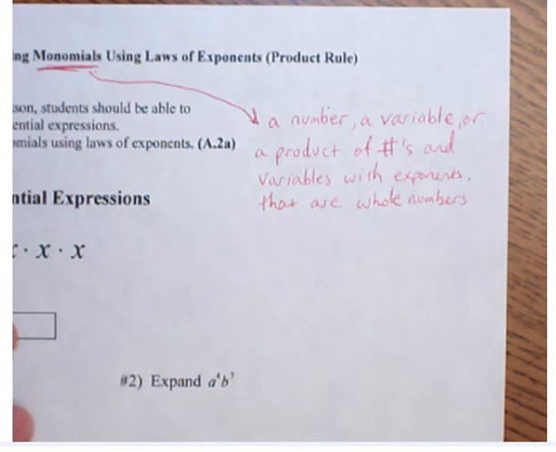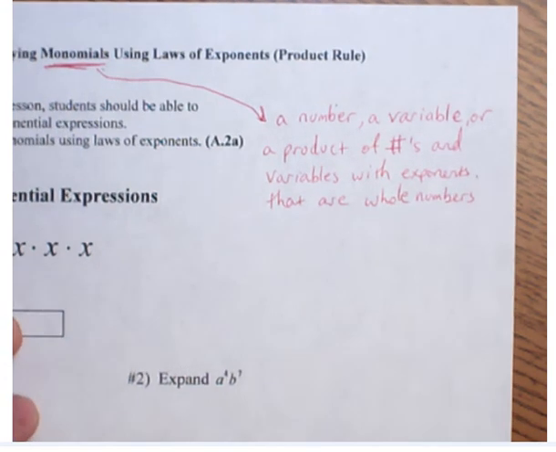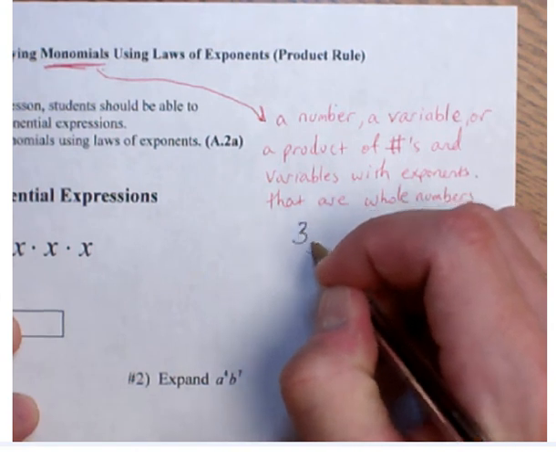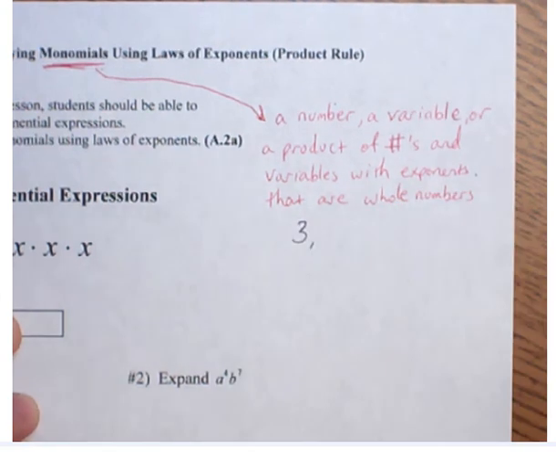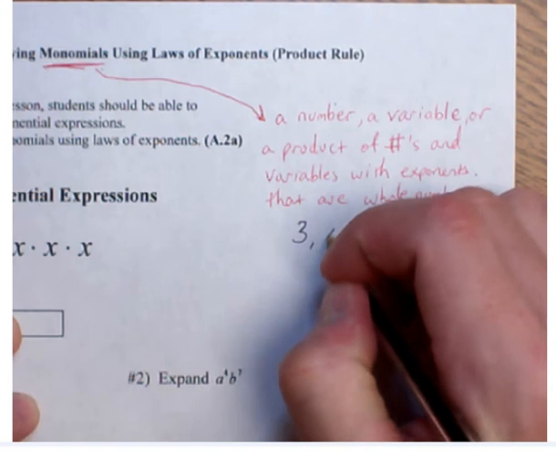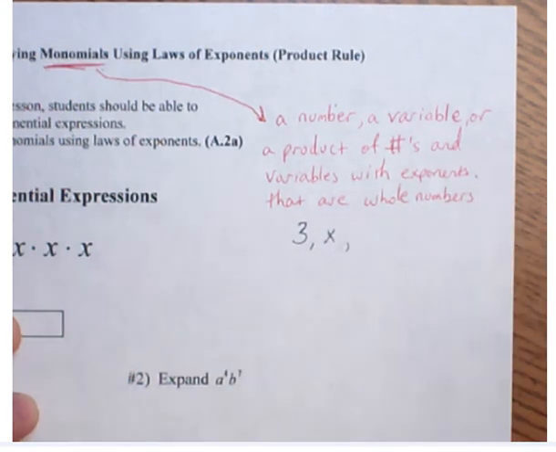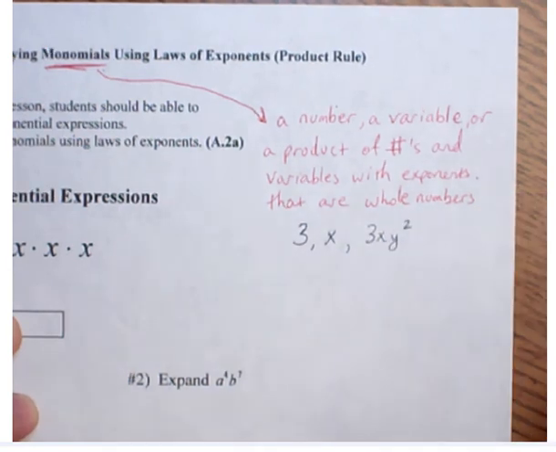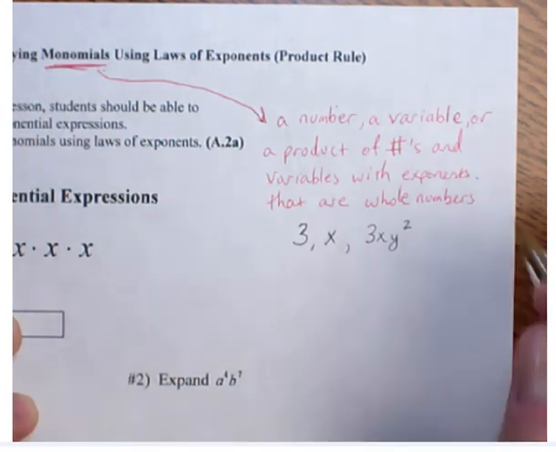So let me give you some examples here. That definition seems kind of confusing. So if we said the number 3, that's an example of a monomial. If we said x, that's an example of a monomial. If we said 3xy to the second, that is a monomial. Now, what is not a monomial?